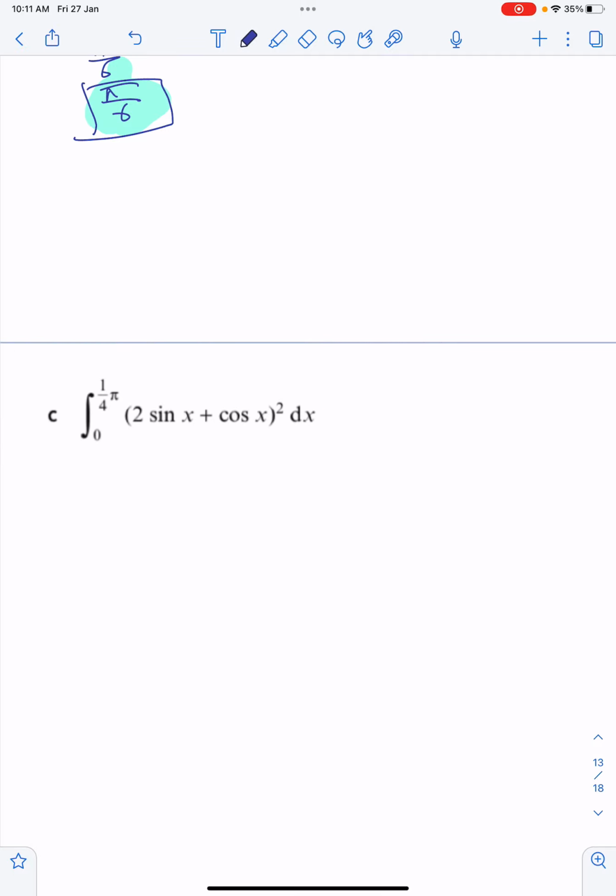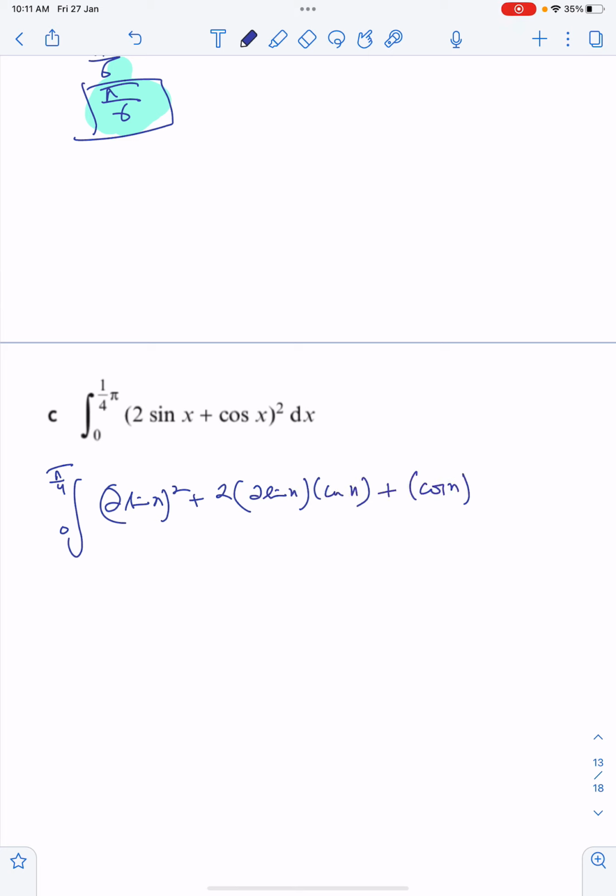Okay, if I simplify it, I will write pi by 4 and 0 here. If I apply the formula onto this, 2 sine x the whole square plus 2 times 2 sine x cos x plus cos x the whole square, dx.